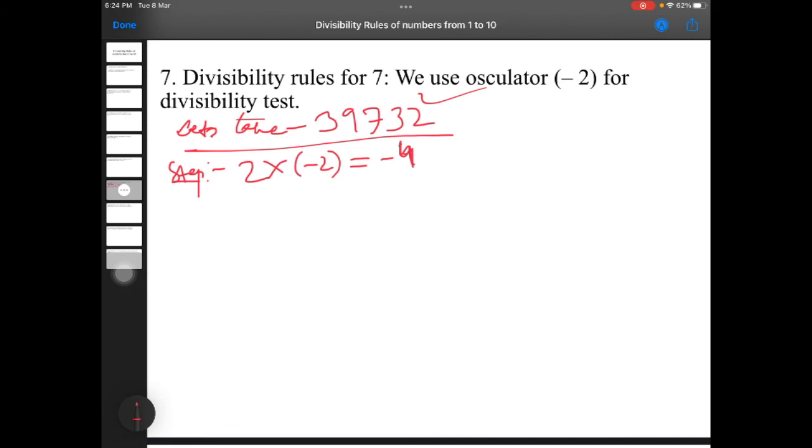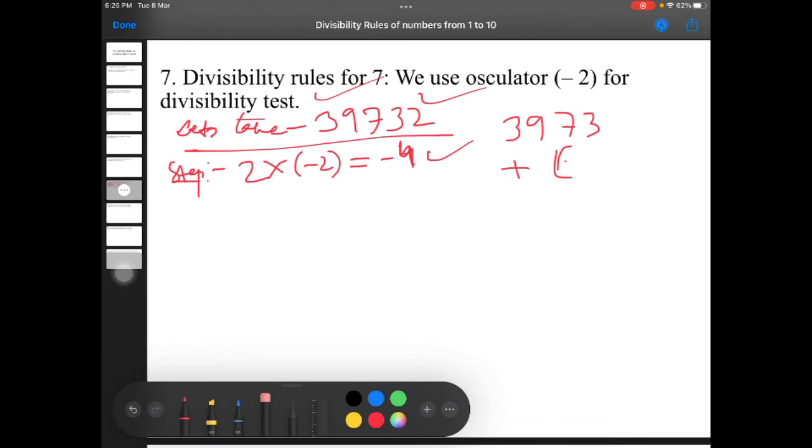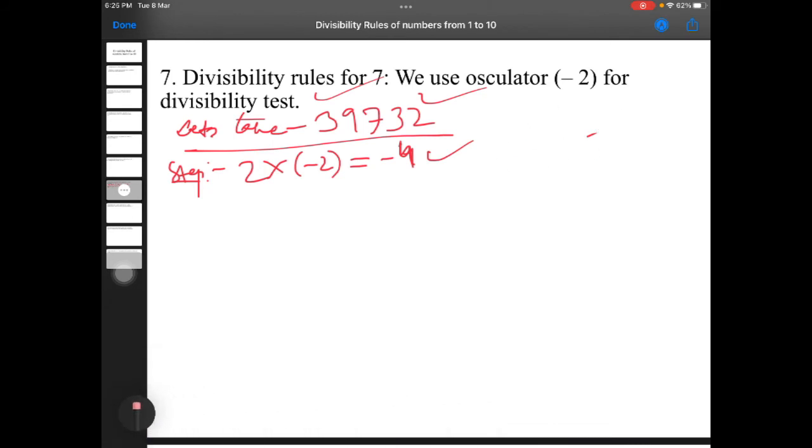The product is added to the remaining of this number, which is 3973. So we add -4 to 3973, and we get 3969.